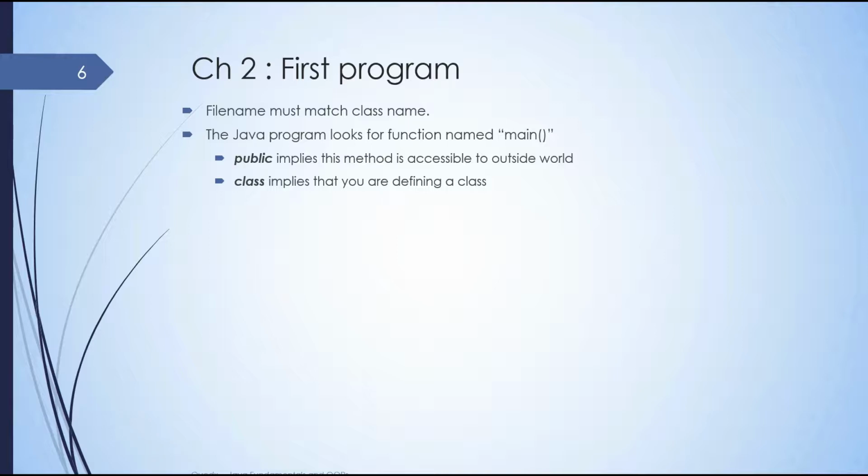Class implies that we are defining a class. Static implies that we don't need an object to call this method. As you recollect, the main was defined as public static. There is a reason JVM was able to call it without creating an object of my first program.